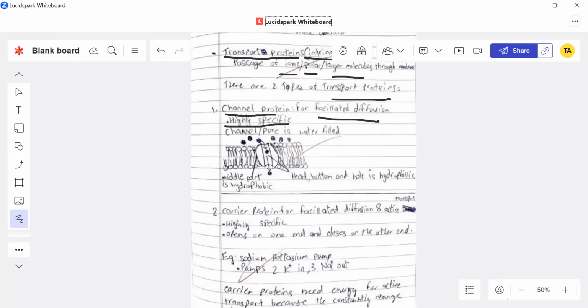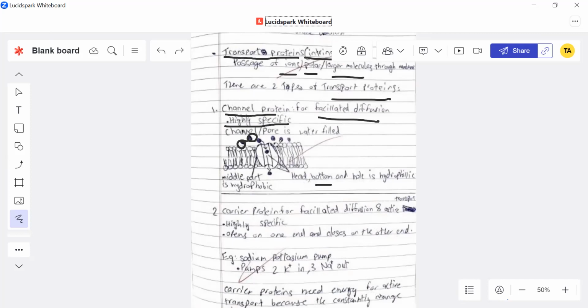So I'll give you this. Right here is a transport protein. It's integrated into the phospholipid. You can see these are the phospholipids, and these are ions that are very specific, which are passing into the cell membrane. So the middle part is hydrophobic.